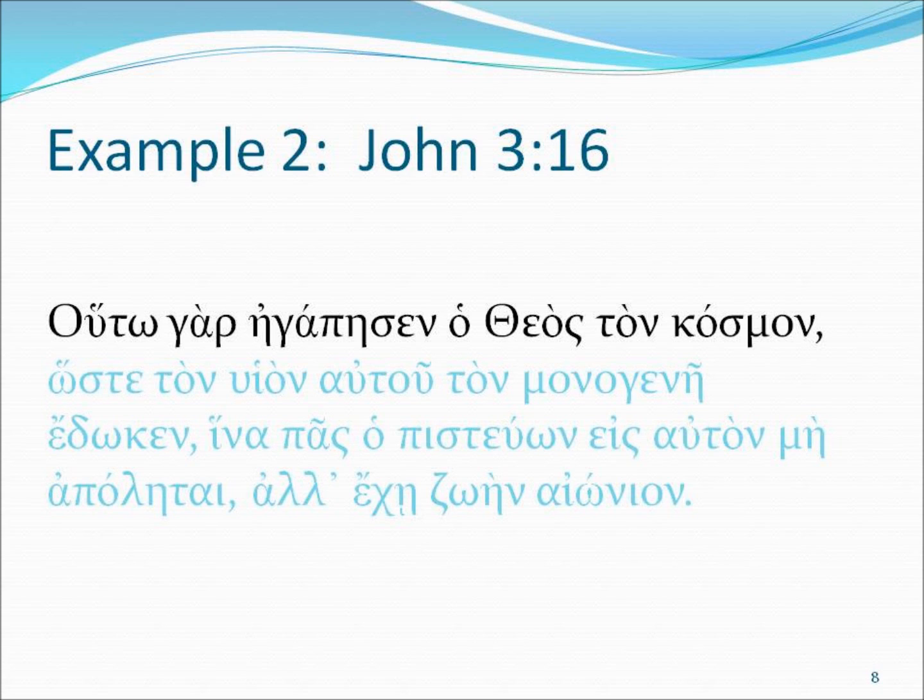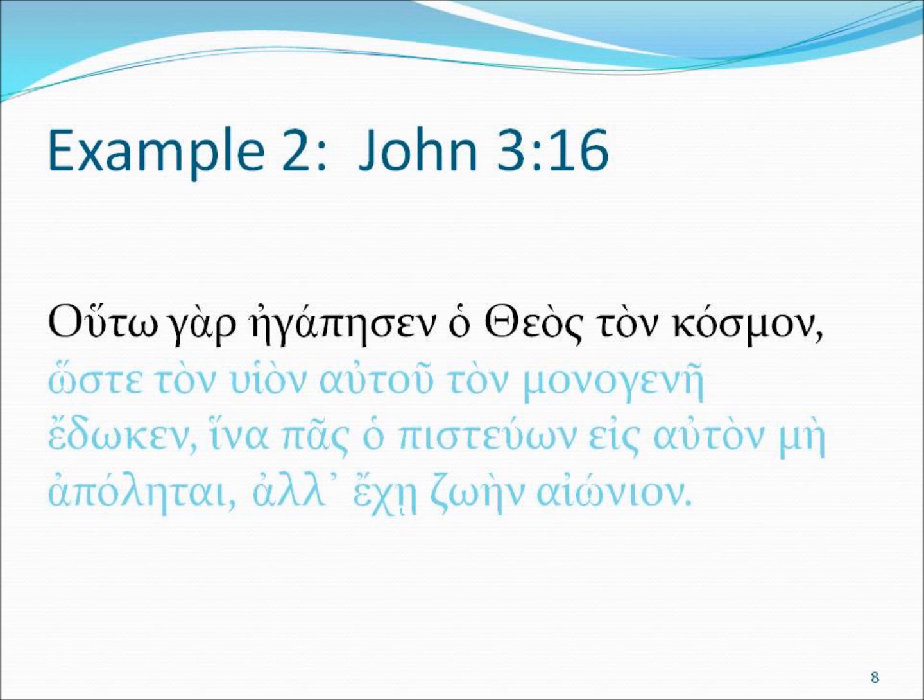Now focusing on the parts. First cluster, houto gar ēgapēsen ho theos ton kosmon. Notice the diphthong in the first word, houto.